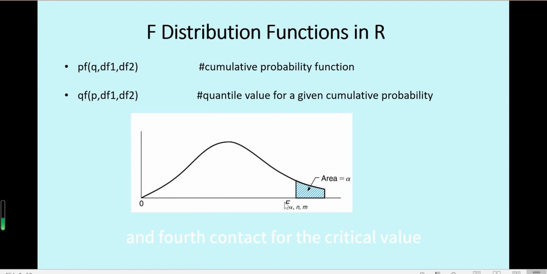And for the critical value 3.11, the cumulative probability is 0.95 here, right? And for the other critical value, the cumulative probability is 0.05.